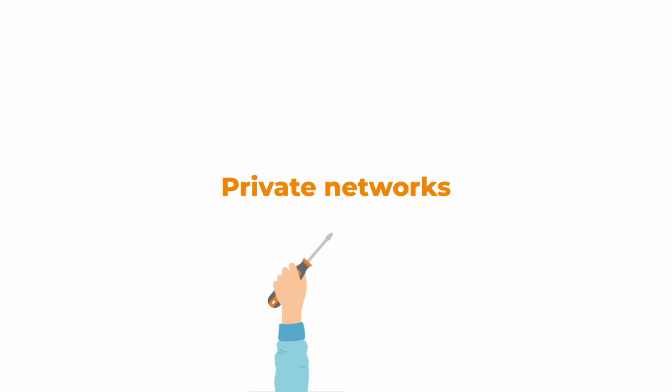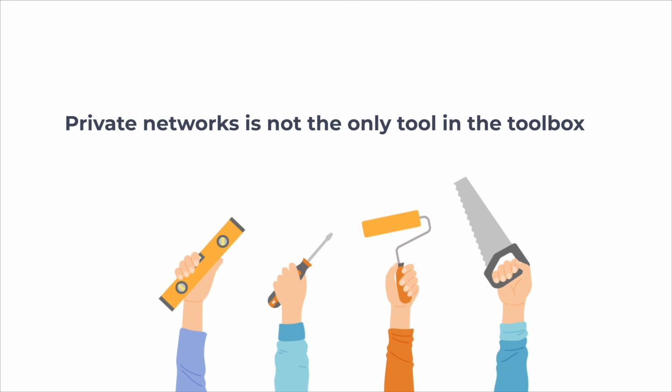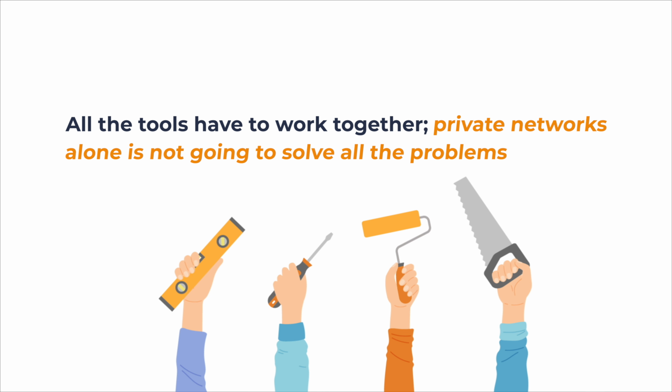So, private networks may be a powerful tool for enabling this digital transformation across industries, but they're just one in a whole toolbox that has to work together. A whole variety of tools that depend on each other and can't do the job on their own. It's not the one tool that's going to solve all the problems and enable the full digital transformation on its own. It's just one of the elements.